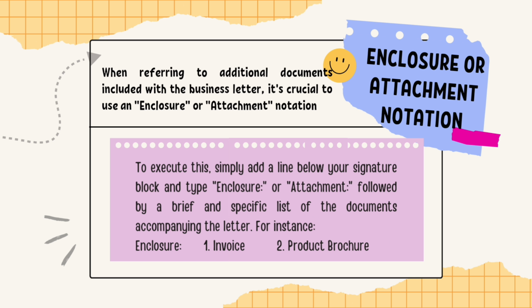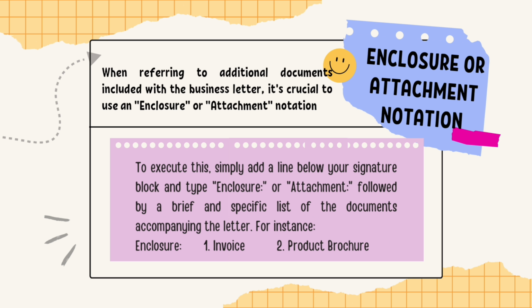To execute this, simply add a line below your signature block and type enclosure or attachment, followed by a brief and specific list of the documents accompanying the letter. For instance, enclosure: 1. Invoice. 2. Product brochure. This practice helps the recipient identify and locate all relevant paperwork associated with the letter, fostering efficient communication.